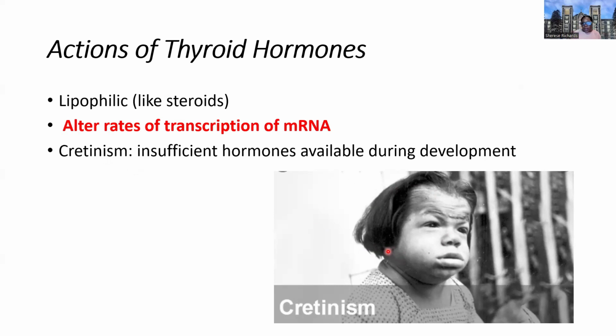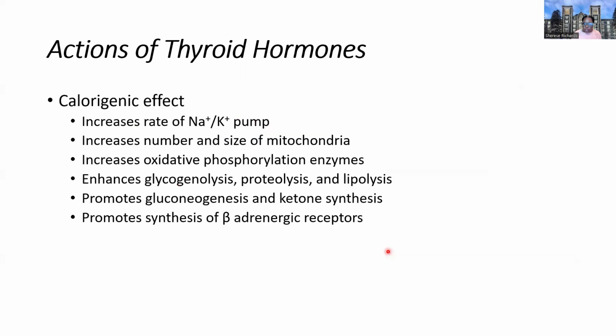And if they don't have adequate amount of T3, T4, then they will not develop adequately. So again, cognitive deficits, movement deficits because of nerve developmental deficits, as well as just overall functional decline, right? So it's really important to have this during development.